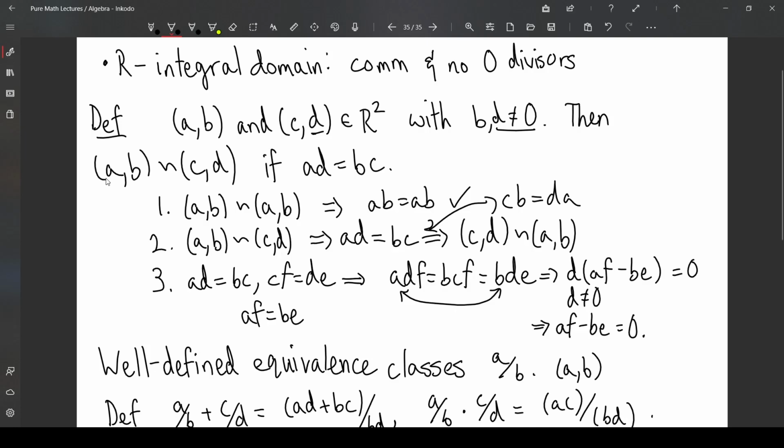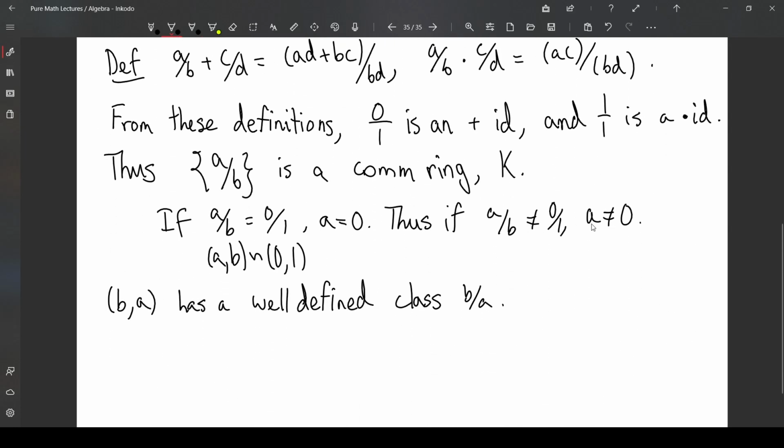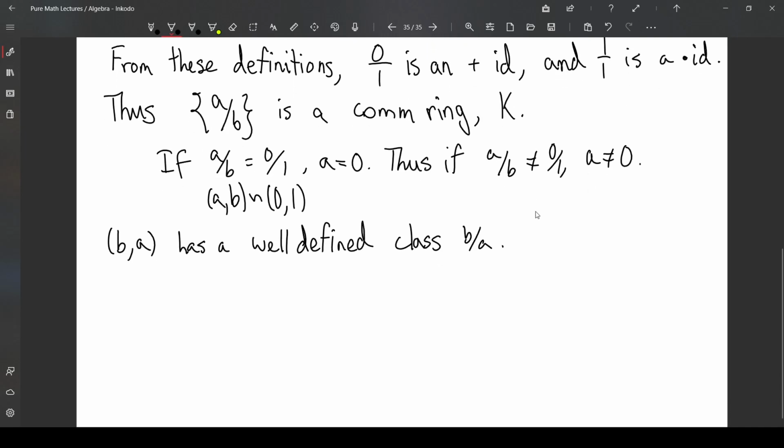The first term can be 0, but here we're saying that we know that if the fraction is not 0, then the first term is not 0, so we can actually flip the terms, and we get a fraction b over a. And then you can check that a over b times b over a is ab over ab, which is 1 over 1, because ab times 1 equals ab times 1, right?